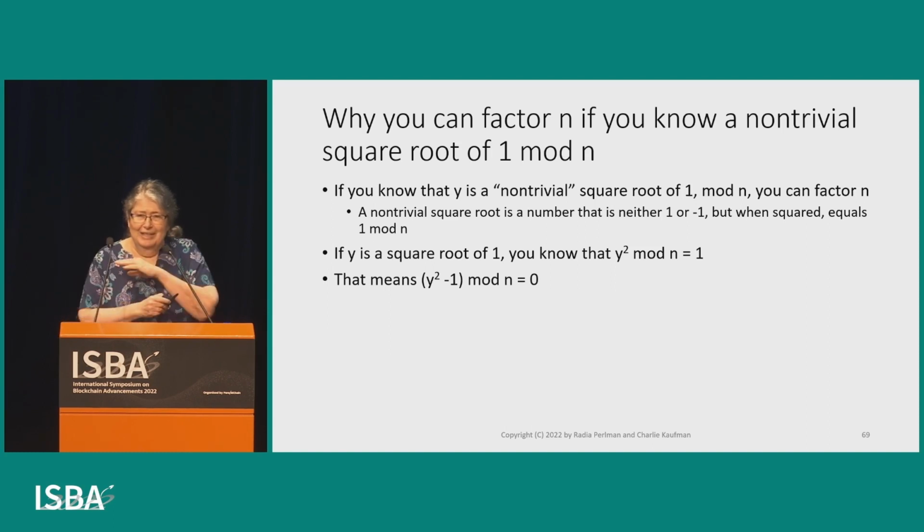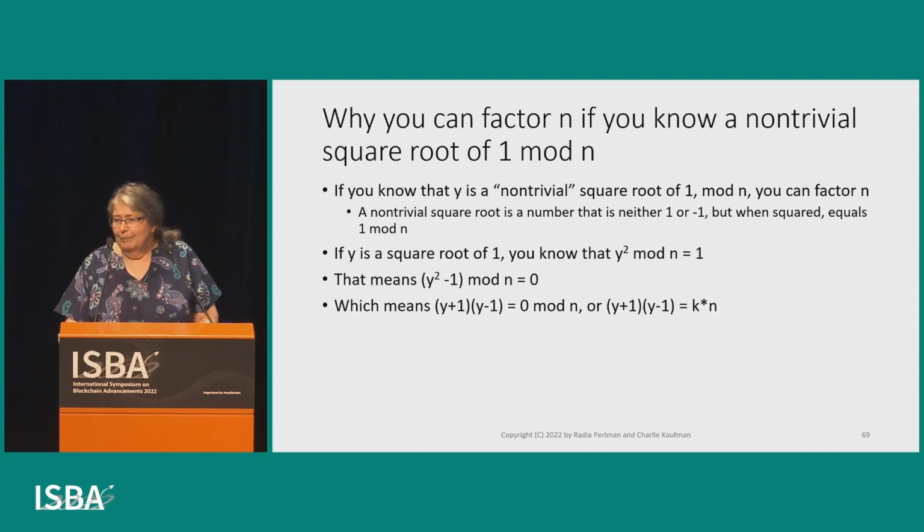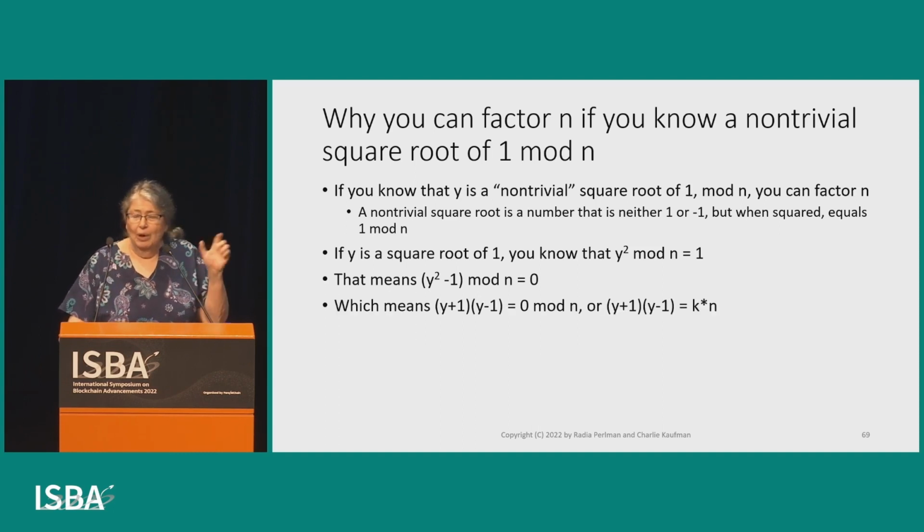This is like 11th grade math. And then you can factor that: y squared minus 1 is y plus 1 times y minus 1, and that equals 0 mod n. Alternatively, y plus 1 times y minus 1 is some multiple of n, which is the same thing as being 0 mod n.